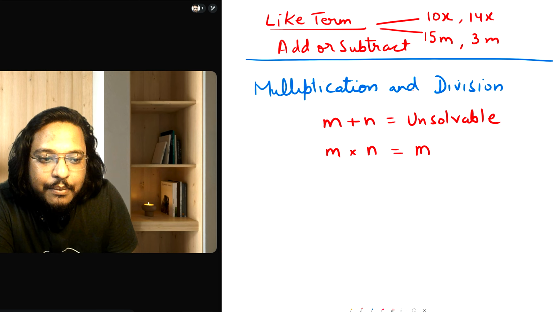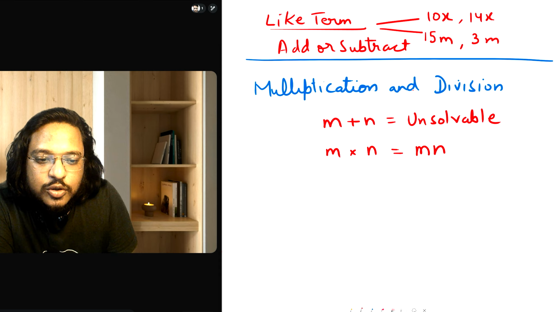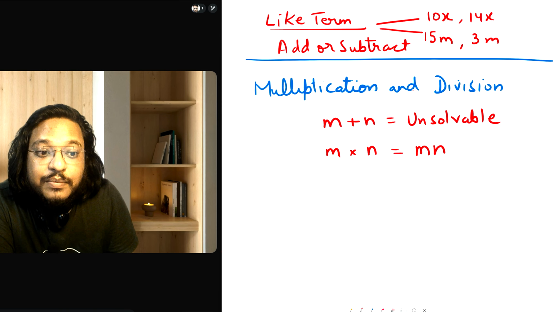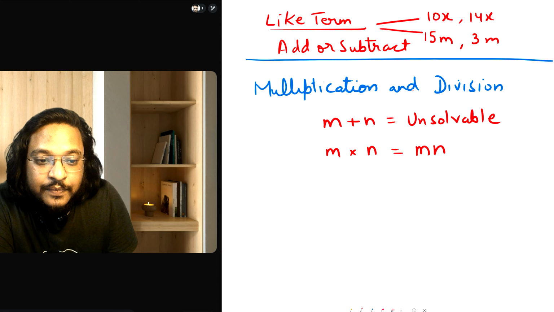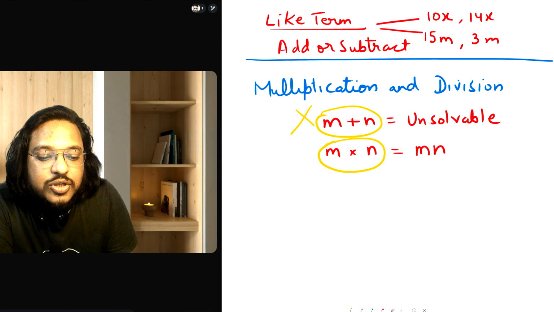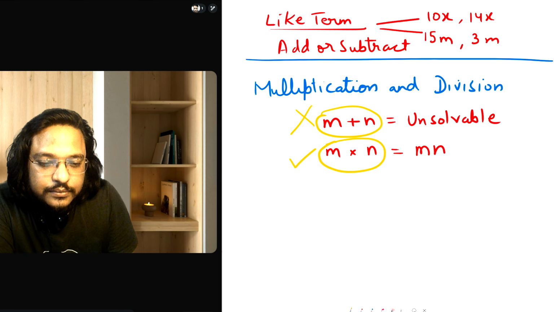Okay, so that means two terms, even if they are unlike, can be multiplied. But if they are unlike, then they cannot be added. So addition is not possible, but multiplication is possible.